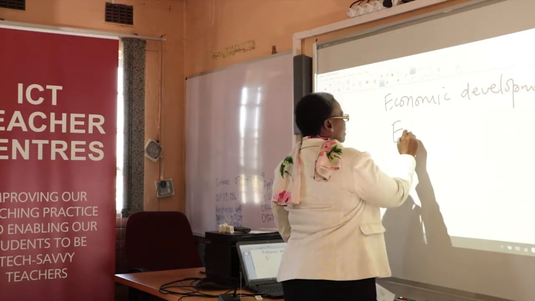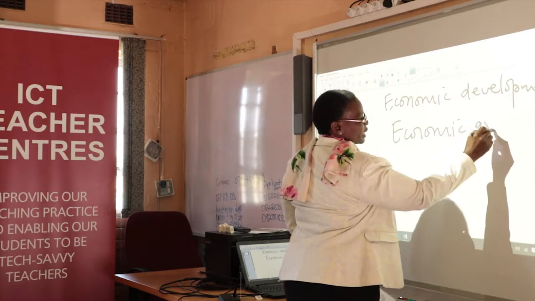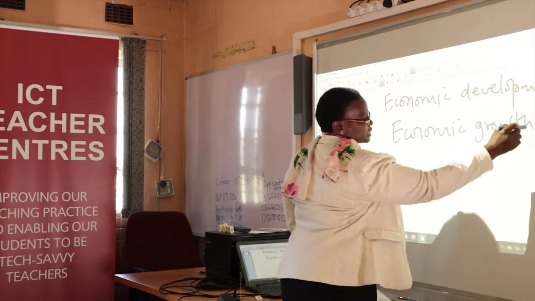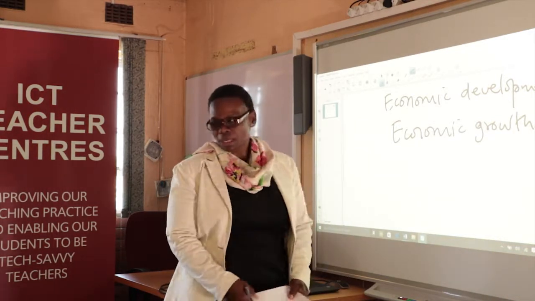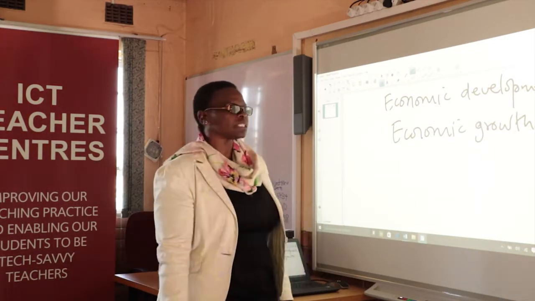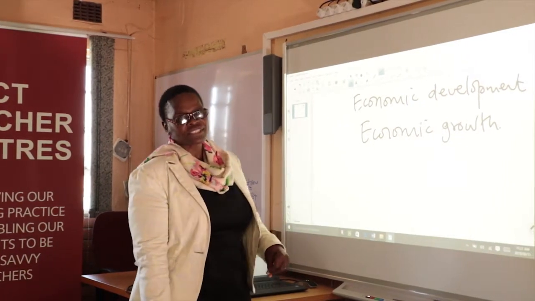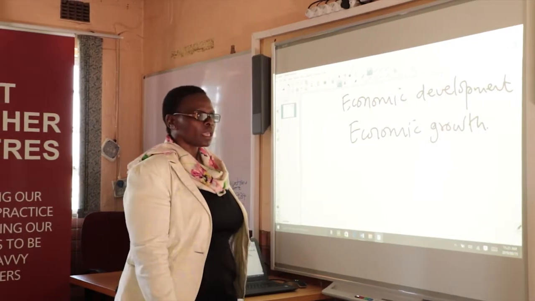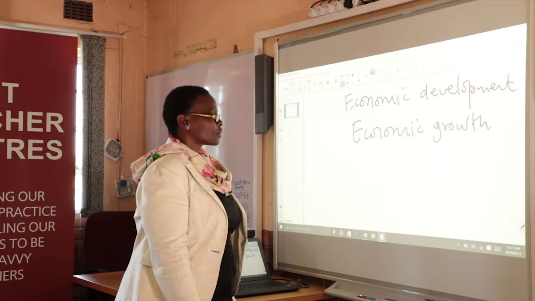Now, economic growth, as we know, has to do with growing the economy. This is when we produce more goods and services in the economy, and we know that this is measured in terms of real GDP. So if we produce more goods and services this year than the previous year, it means our economy has grown. We have achieved economic growth.